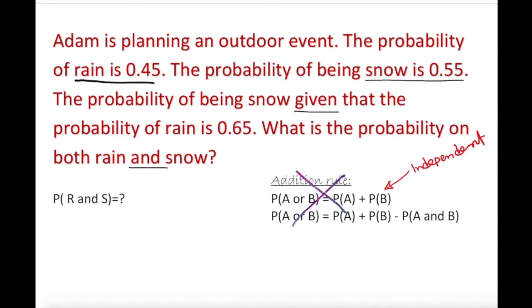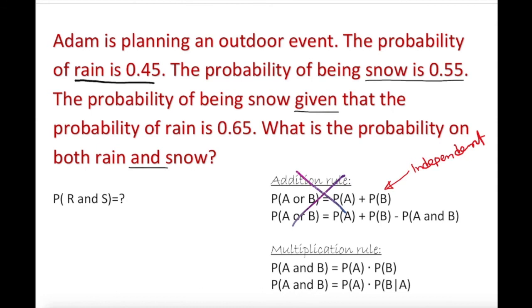The next thing we come to is the multiplication rule. What is the general rule of multiplication? The probability of events A and B equals the probability of A times the probability of B. When can we do that? If the events are independent, we can just multiply their outcomes and get the answer.